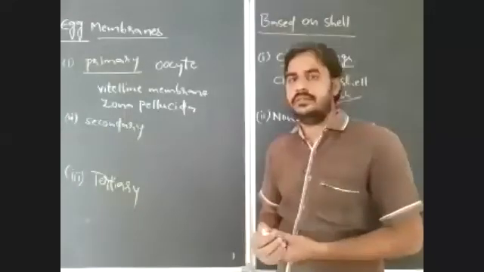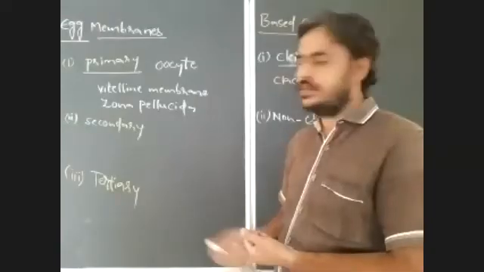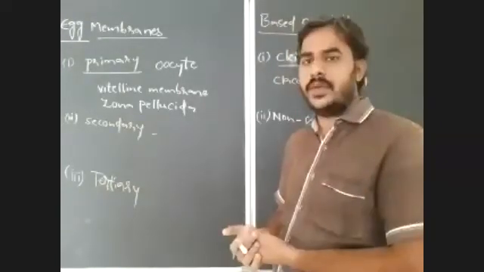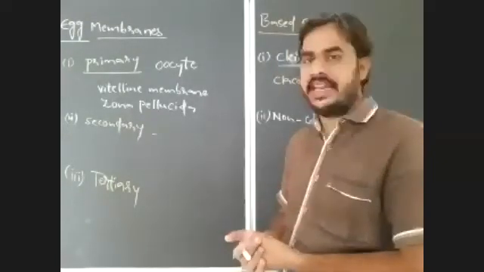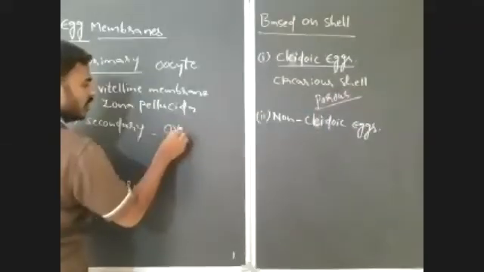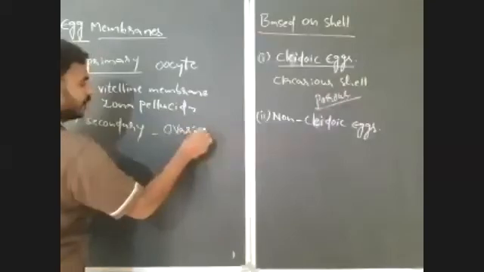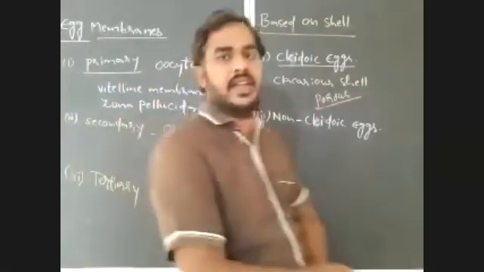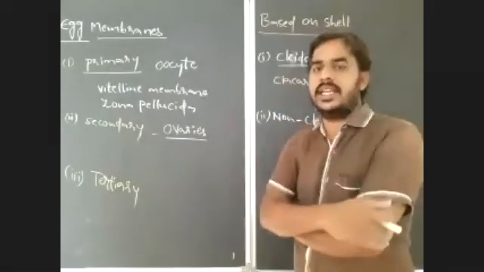Okay, see here, what is secondary egg membrane? The egg membranes which are produced by the ovaries, or the membranes which are secreted in the ovary, are known as secondary egg membranes.